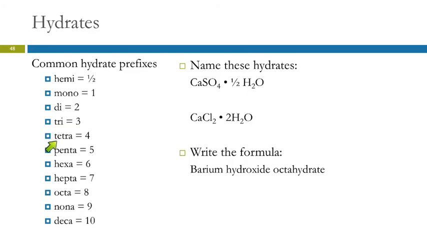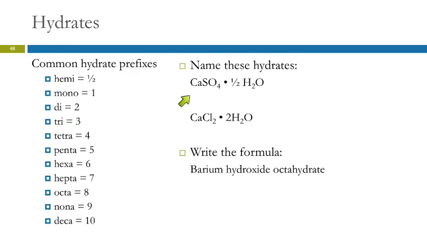Tetra's one you might not have heard of before because in math you call it a square, not a tetragon. But tetra means 4. Hepta's kind of weird, that's 7. Octa makes sense somehow. An octagon, I guess. Nona is like 9, and deca is a decade, 10. So let's practice. Let's name these guys. Hemi's weird. Hemi's half.